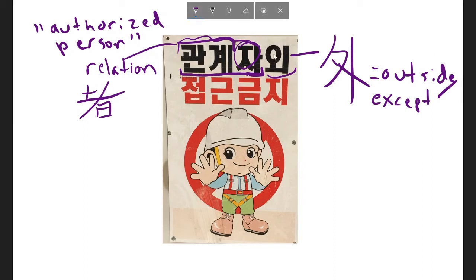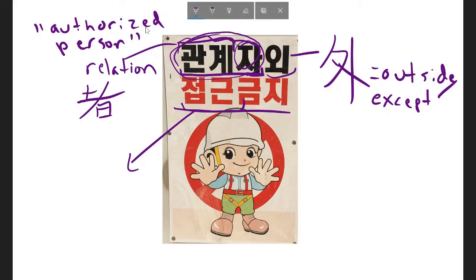In the translation that I'm going to give you, you could say outside or except in this case. Now, as I said before, this thing is the authorized people or the authorized person. And putting this after this type of person is saying other than or except or outside of the authorized people. Well, what is this?